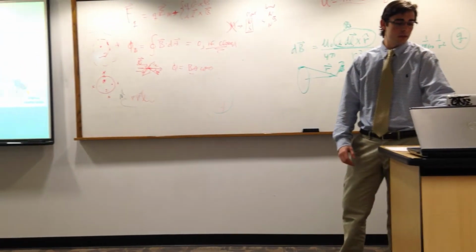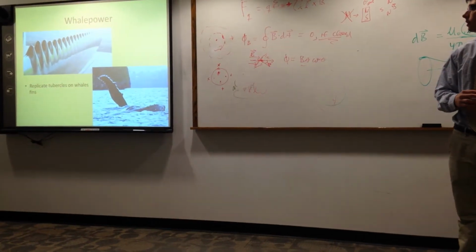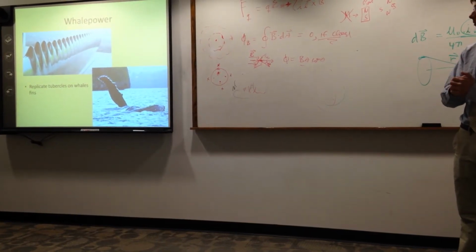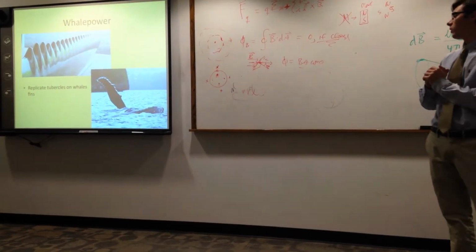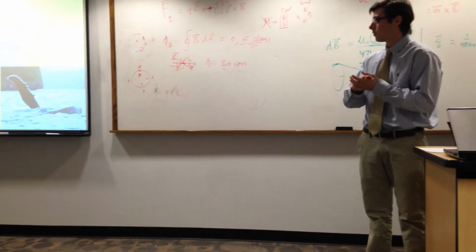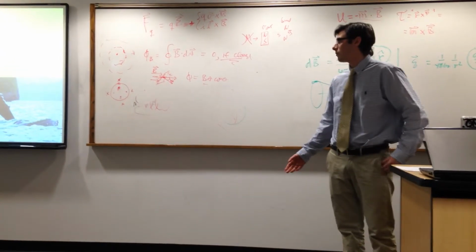Okay, so this was one advancement in turbine design, and they ended up replicating tubercles on whale fins. What they did was they looked and saw how aerodynamic whales had become and how they can move quickly even though they had such a large body mass.